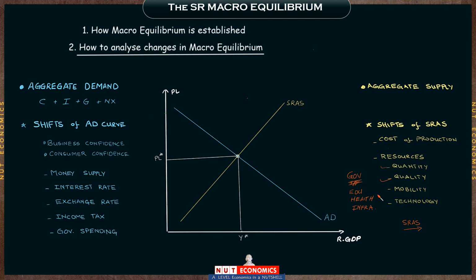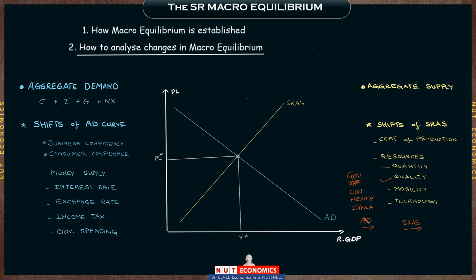You put children in school today, you at least have to keep on spending on them for, let's say, 10, 15, 20 years before they become well educated, better quality labor, and therefore your aggregate supply increases. But in the meantime, the immediate impact of all these policies is that since the government starts spending, government spending increases. That is part of your country's aggregate demand. So initially, your country's aggregate demand will increase.